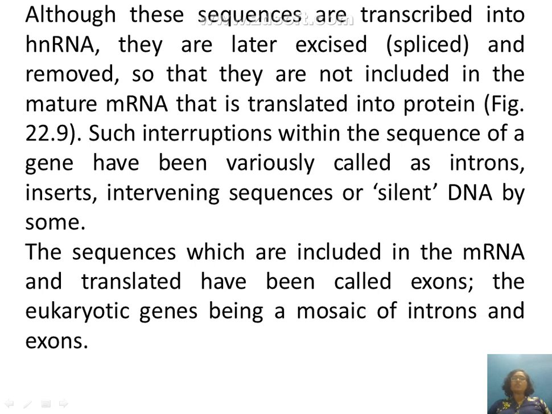Exons are those coding regions, a nucleotide sequence on the DNA, which is transcribed to form a messenger RNA. So, eukaryotic genes are usually a mosaic of introns and exons.